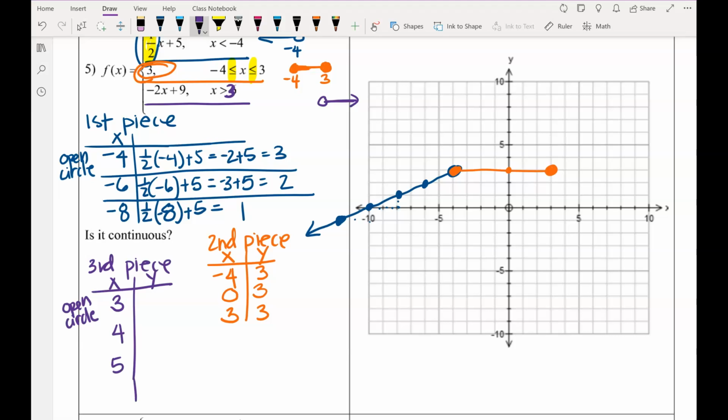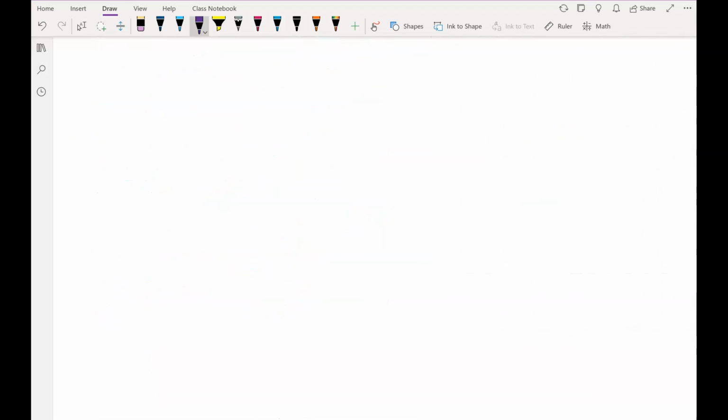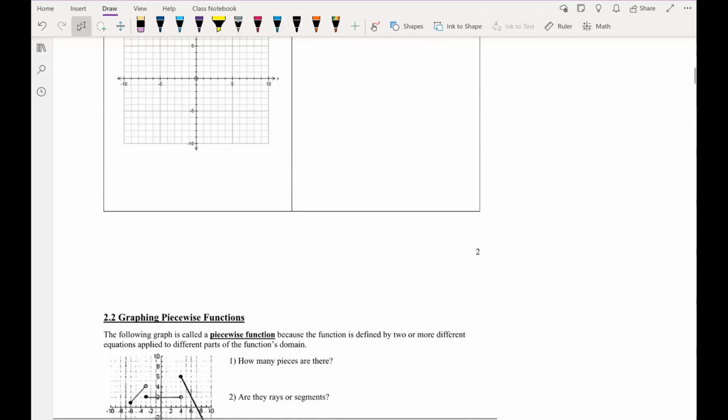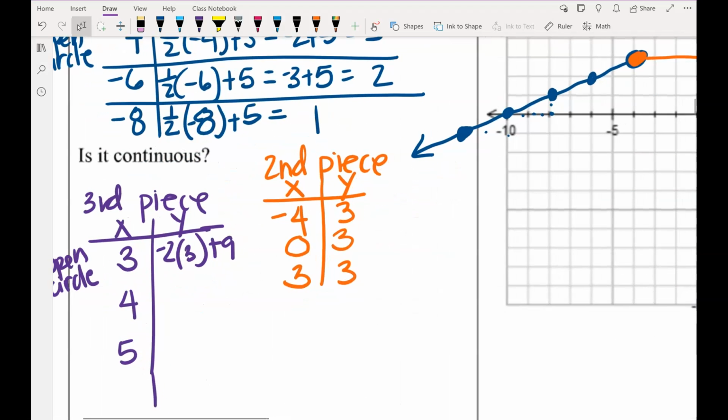All right, when we plug in 3, we're going to go -2 times 3 plus 9. -2 times 3, students, that will give us -6. Whoa. Well, it brought it back up to the top. All right. So -6 plus 9, that will give us an output of 3.